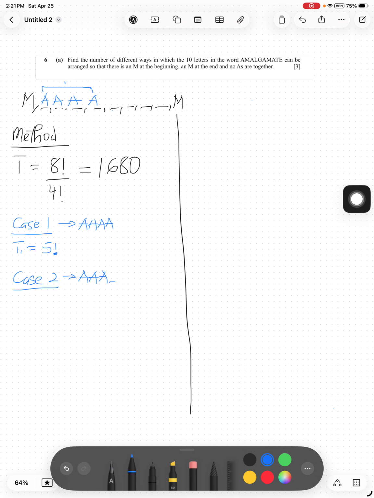We kind of have to do this. So this is our method 1. Okay, so we're going to try and demonstrate. Right, so with this we have this particular scenario where we have 3 A's and a space. Right, then we can have the single A. Let's put it right here.